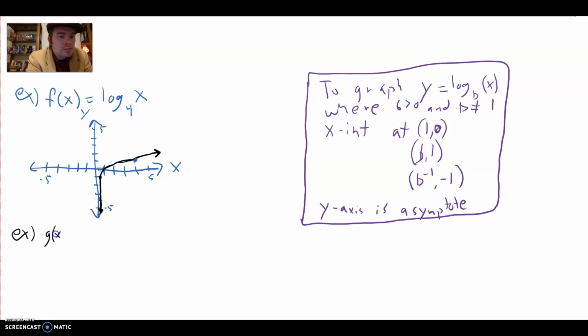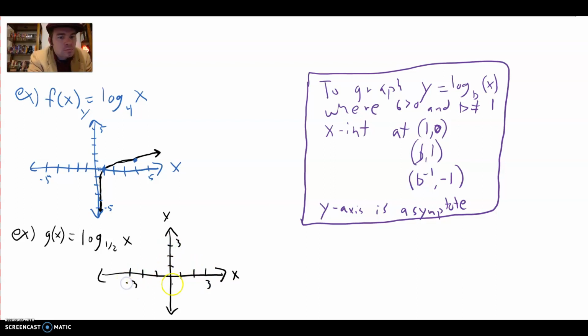g of x equals log base 1/2 of x. Now, because the base is 1/2, that means it's going to affect the shape a little bit, but it's not going to affect our procedure at all. We're going to follow the exact same procedure to graph this. So again, we have the point (1, 0), that hasn't changed.